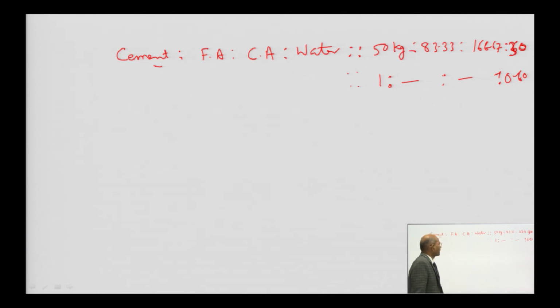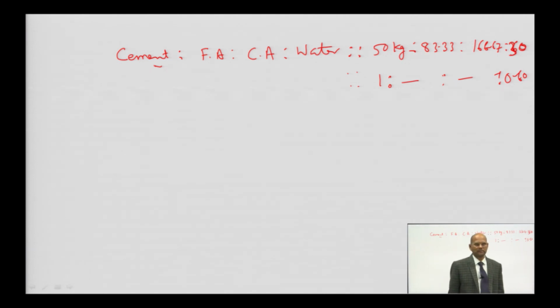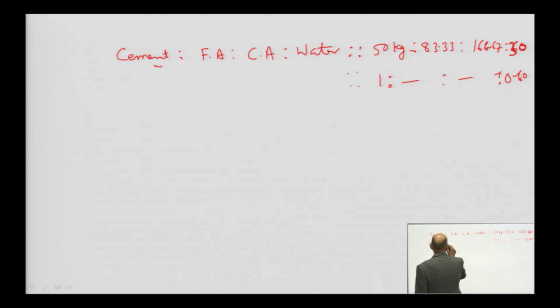Okay. And suppose you are not able to get the proper workability, or we want some more workable concrete. So, for making more workable concrete, what is the tendency? The mason puts in more water. So, if he is putting in more water, you know the relation for water cement ratio.